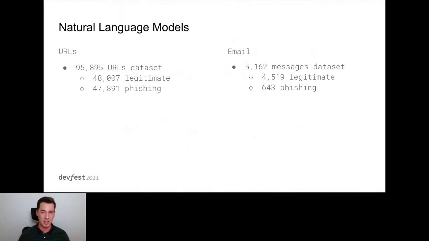The email one is quite different. We have only 5,000 messages or emails, so to say, in the data set, and 4,500 by 600 is the ratio. So that one was a 90 to 10% ratio, which will not provide the best result, but at least we have something, and we'll be able to get something from there.